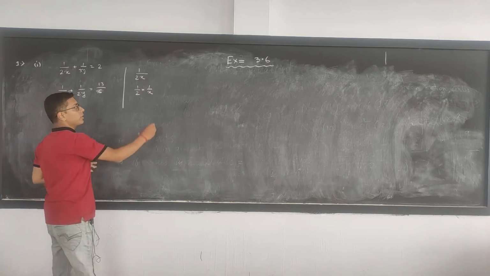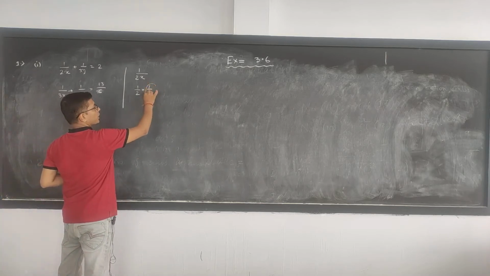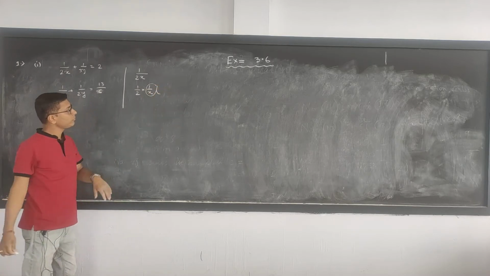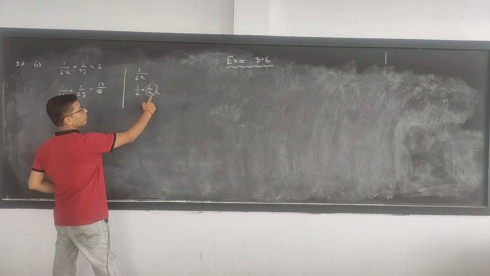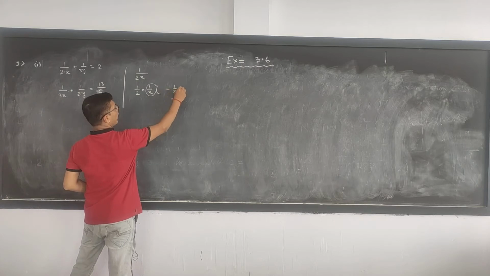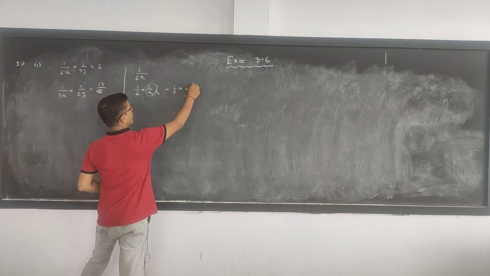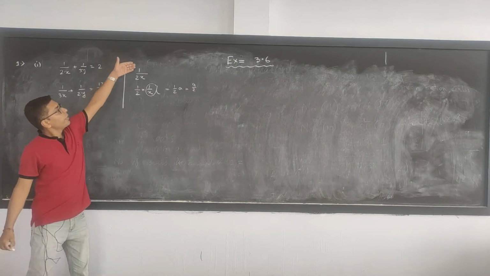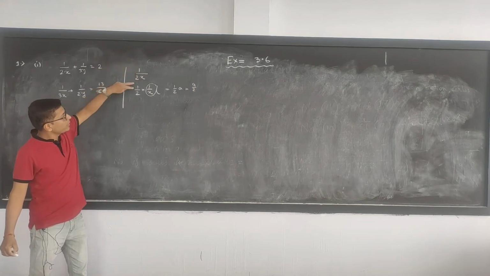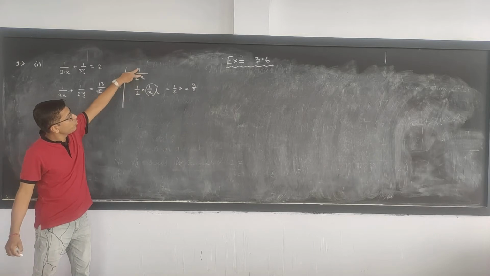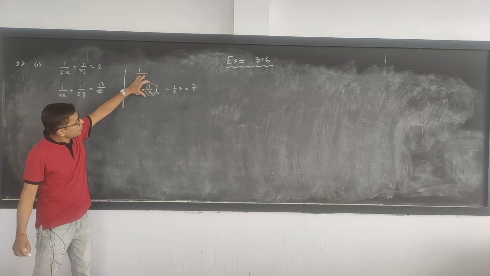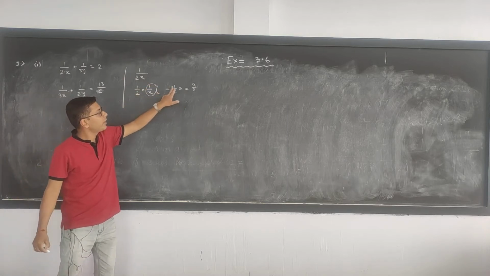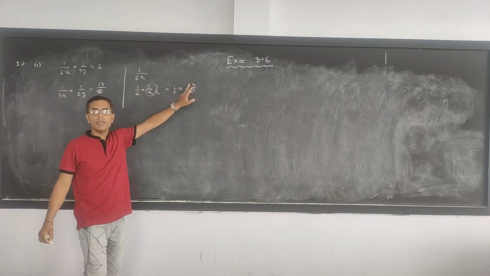If we suppose this 1 by x to be a, then what will happen? It will be of the form half of a, or a by 2. So 1 by 2x, if you break it as 1 by 2 into 1 by x and consider 1 by x as a, then it is half of a, which can be written as a by 2.